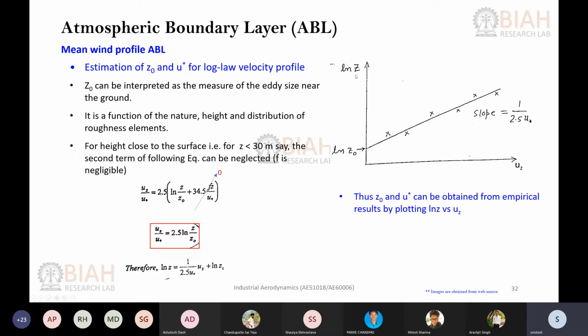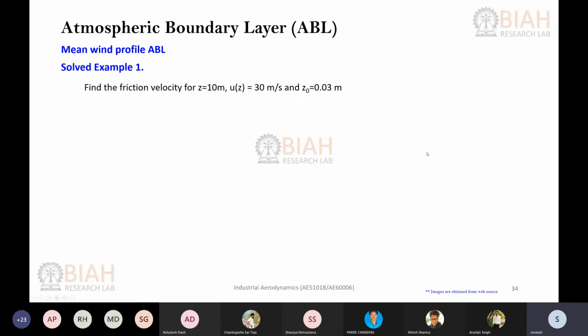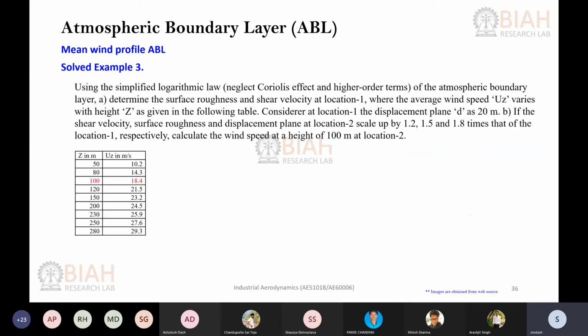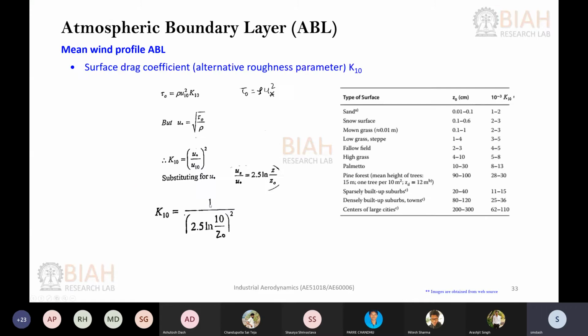Now the question says, determine the surface roughness and the shear velocity at location 1. Consider at location 1 the displacement plane D is 20 meters. Okay, so in this particular graph, instead of Z, what do you need to do?